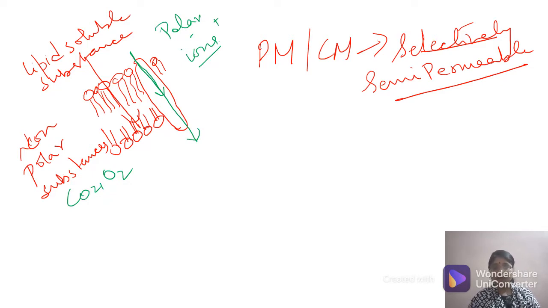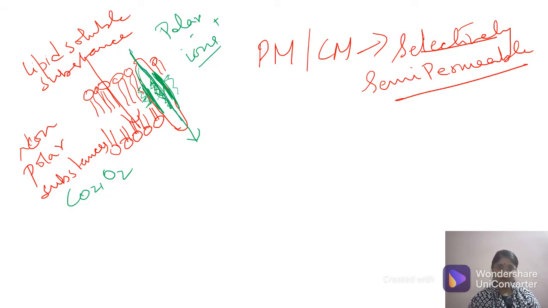And even in these proteins that you see, the amino acids here will be non-polar, hydrophobic in nature, and the ones inside here will be hydrophilic in nature, because they are facing the hydrophobic part of the lipid.